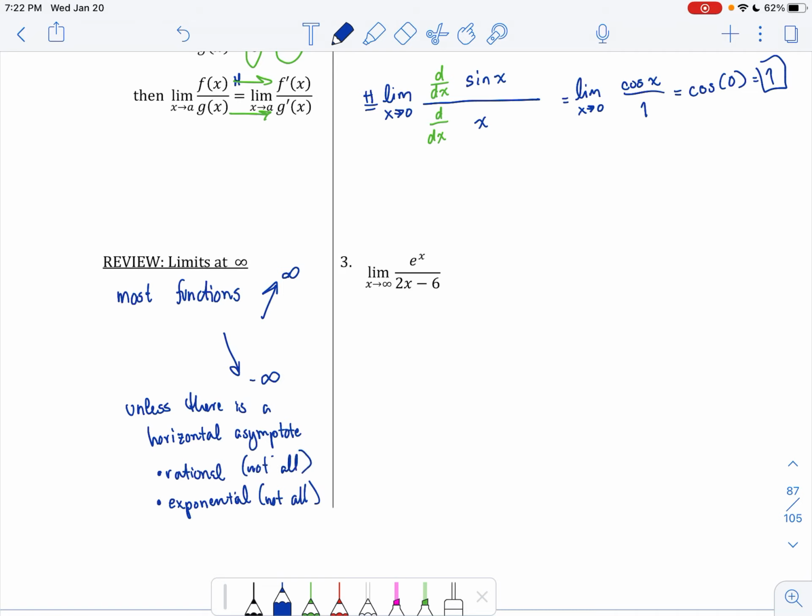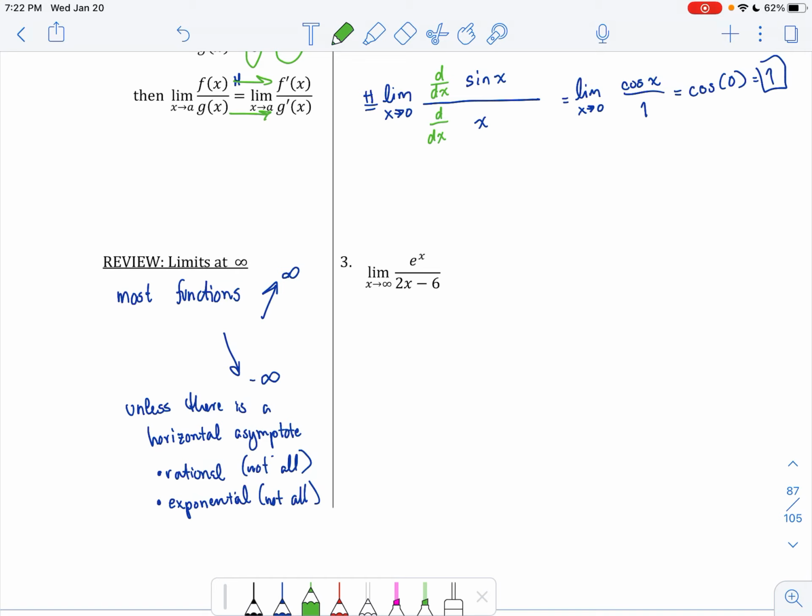So for example, here we have e to the x. As it goes towards positive infinity, it goes towards infinity. And it does have a horizontal asymptote, but only as it goes towards negative infinity, where it goes towards 0. So this would be the limit as it goes towards positive infinity. This is the limit as it goes towards negative infinity. So even though it's exponential, it does have a horizontal asymptote, but not in that case.